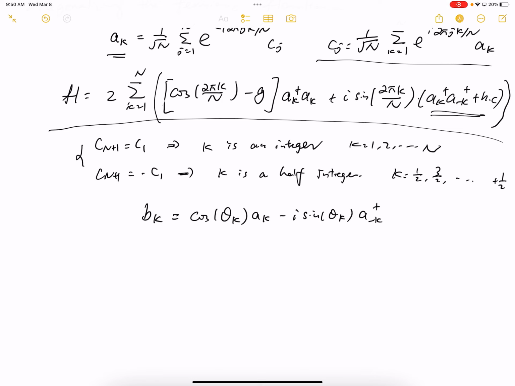This is the Bogoliubov transformation for fermions. There's also a Hermitian conjugate version, where you just take the Hermitian conjugate of the top equation, but the minus i will become plus i here. So that's the Bogoliubov transformation for fermions.